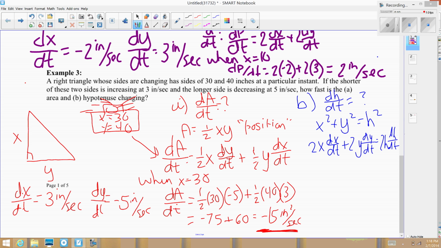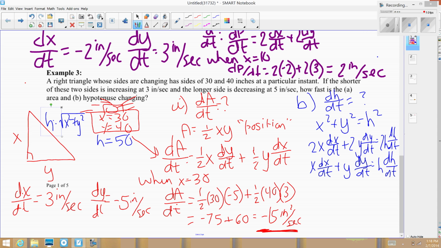Simplifying that, I could divide everything by 2. So I get x dx dt plus y dy dt equals h dh dt. You're going to have to find h. At that snapshot moment, 30 squared plus 40 squared, h is the square root of x squared plus y squared, you get 50.